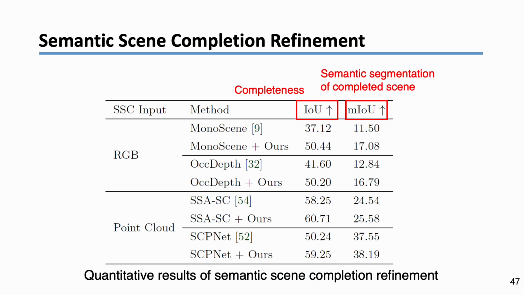This table shows that our refinement process provides improvements to all SOTA SSC models, in both IoU and mIoU. The IoU is used to evaluate scene completion, while the mIoU provides a measure of the quality of the semantic segmentation of the completed scene.